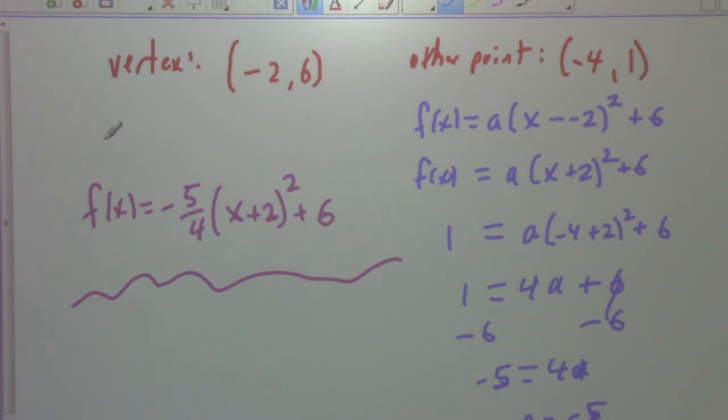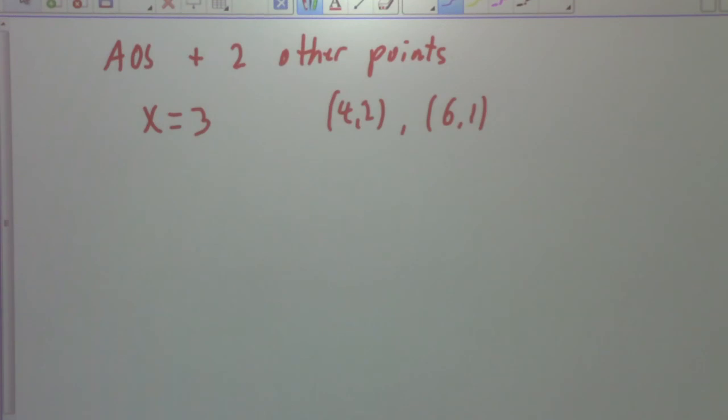Okay, what we're going to do is go to another type of situation where we're given an axis of symmetry plus 2 other points. So this is going to increase the complexity of the task a little bit, and we may not get as much chance for repetition on this type of case today, but we're going to come back to it. Here we have an axis of symmetry, x equals 3, and that's going to be our value of h.